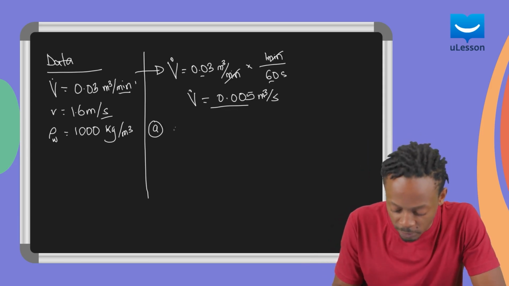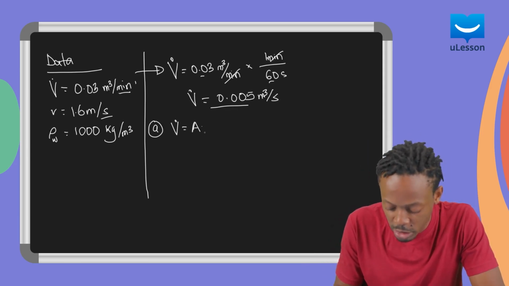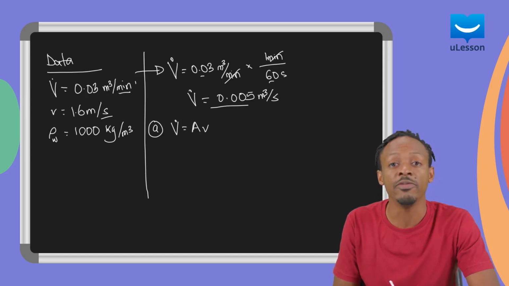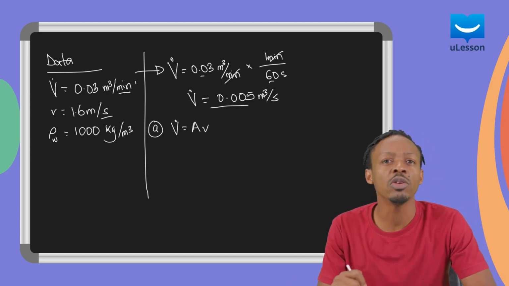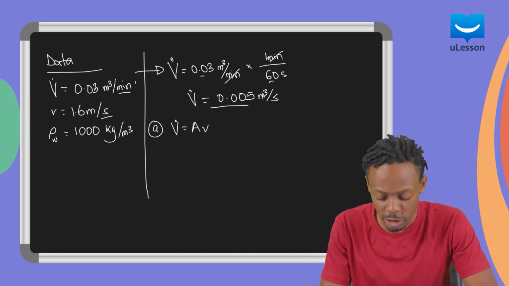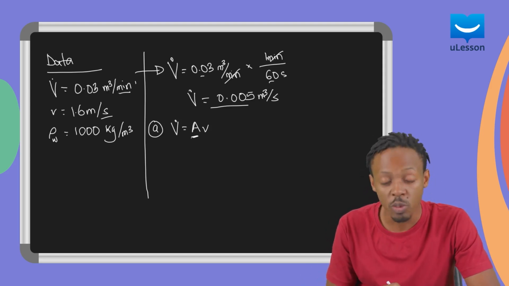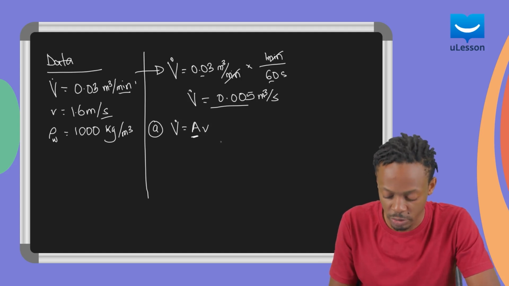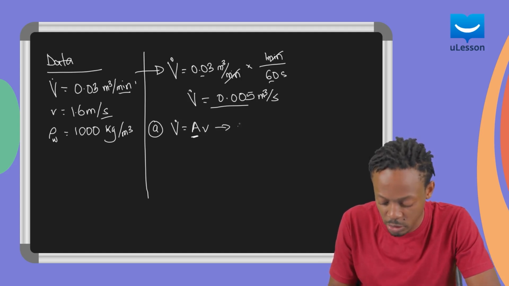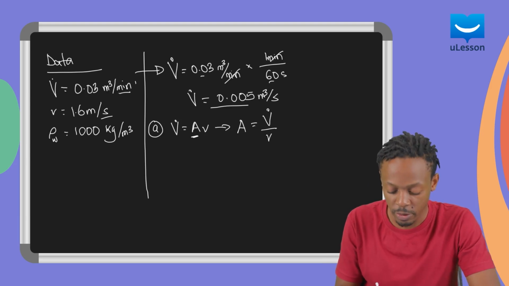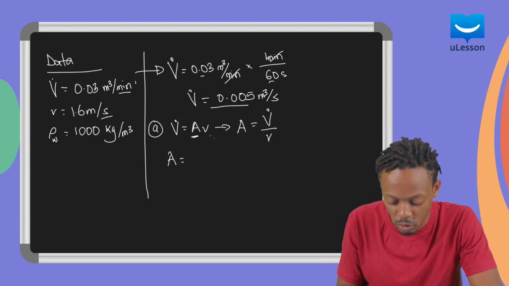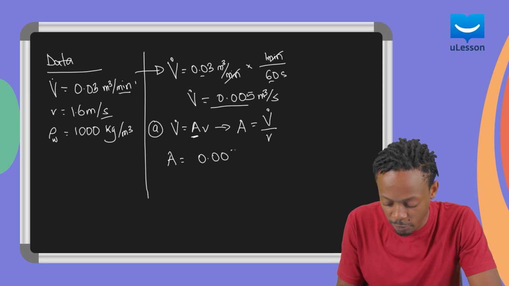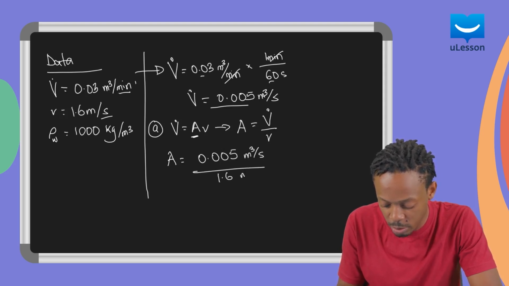We know that volume flow rate is equal to the cross-sectional area multiplied by the velocity. Now what are we looking for here? We're looking for the diameter of pipe that the plumber should install, and that will be found from the cross-sectional area. So let's make that the subject of this equation. Cross-sectional area is equal to volume flow rate divided by velocity, so this is 0.005 cubic meters per second divided by 1.6 meters per second.